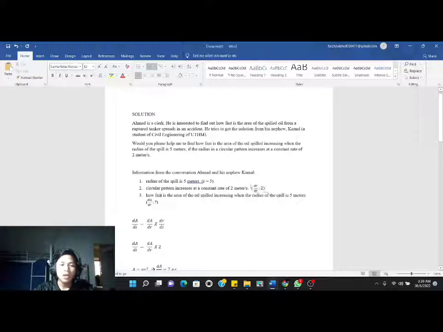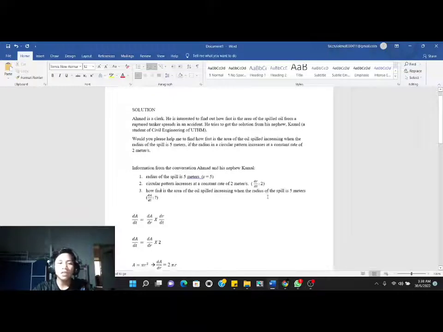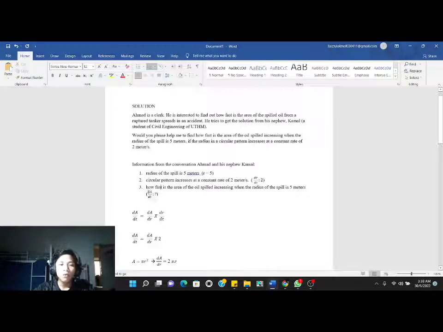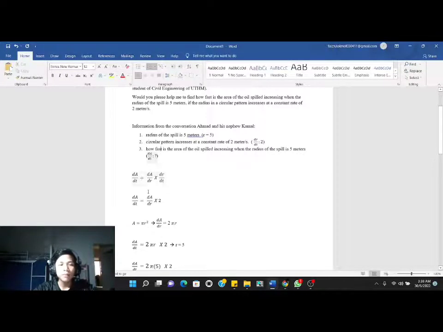The third one, the question asked to solve, is how fast the area of the oil spill is increasing when the radius of the spill is 5 meters. So we have to find dA/dt.